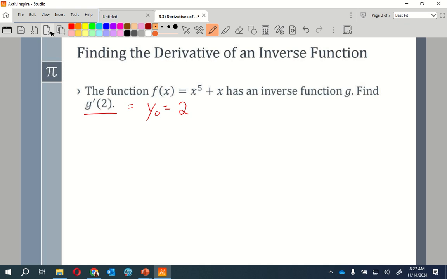Also, I'm going to list my stuff. I'm going to say that f of x is x to the fifth plus x, then I find the derivative of that. So f prime of x is equal to 5x to the fourth plus 1.